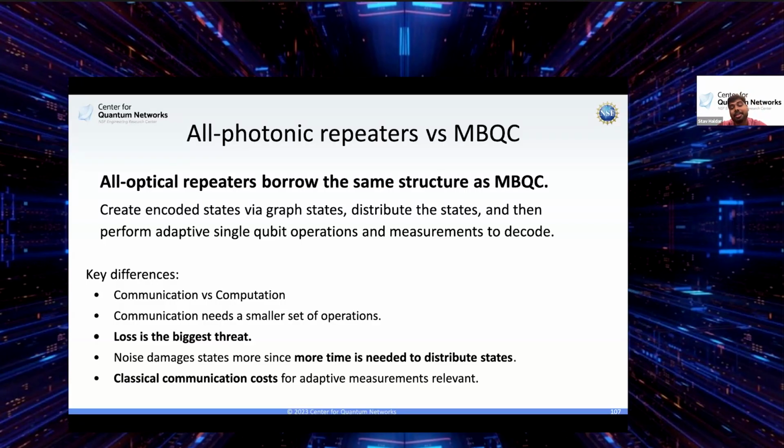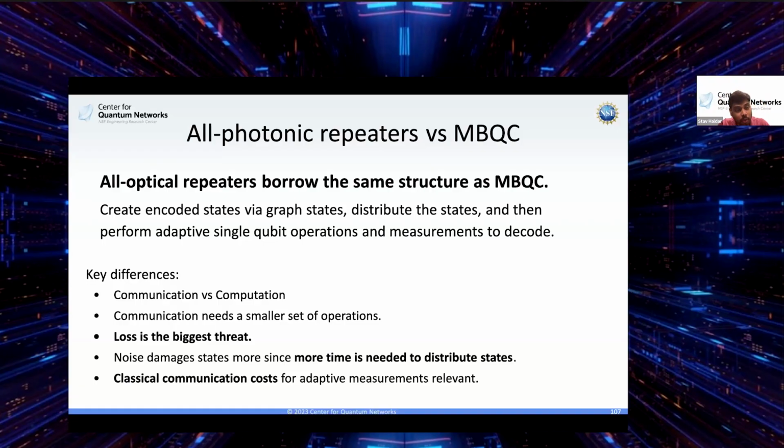And then remember, this adaptive measurement thing is becoming more complicated, right? Because earlier, you create the cluster state, you do a measurement here, and then you do your operation on the next qubit or like 10 qubits away or whatever, but it's all very close by. So the classical communication cost of transferring the outcome of this measurement to that other node is sort of negligible compared to how much time it actually takes to do the operations themselves, right?